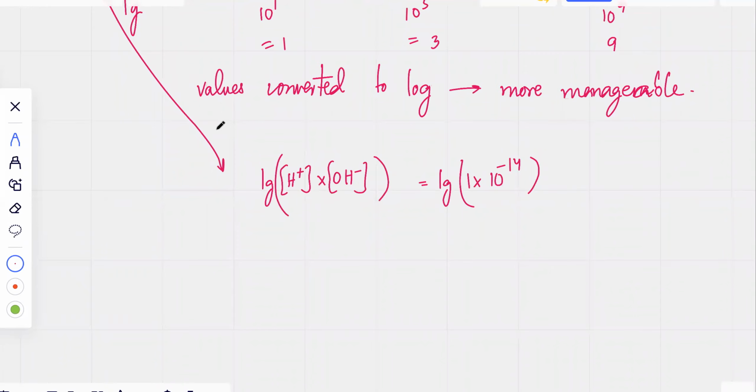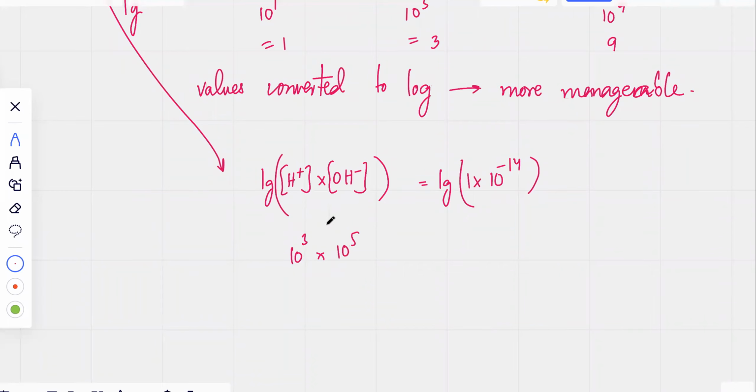When you take log of two things that are getting multiplied, in the powers of 10, they get added up. Like if you have 10 power 3 multiplied by 10 power 5, what's happening to the log value? It's 3 plus 5, which is 10 power 8.